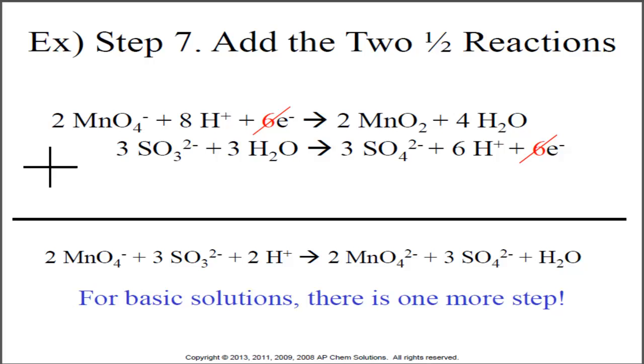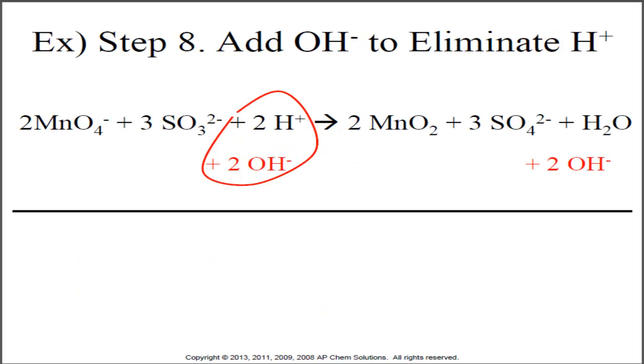Now, for basic solutions, there's one more step, because the presence of hydrogen ions means that we have an acidic solution. Now, the question told us that the reaction took place in a basic solution. So we're going to need this one last step. The 2 hydrogen ions and the 2 hydroxide ions need to turn into water molecules. So what we're going to do is add hydroxide to both sides of the equation.